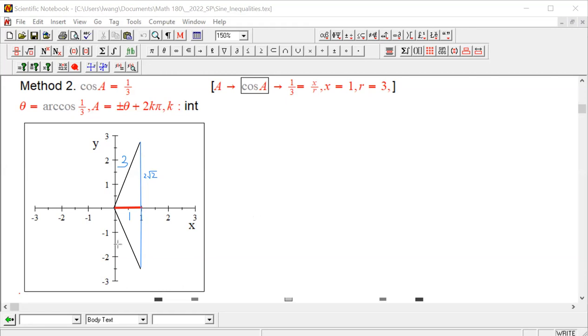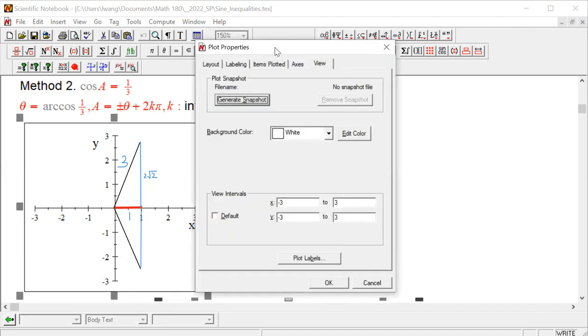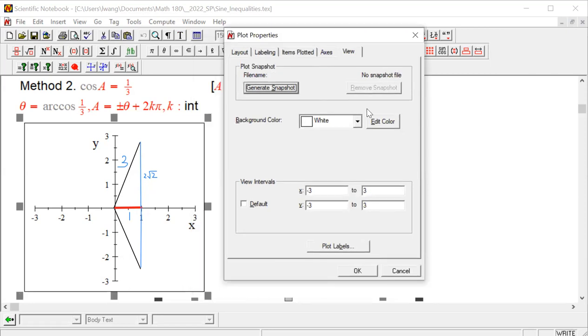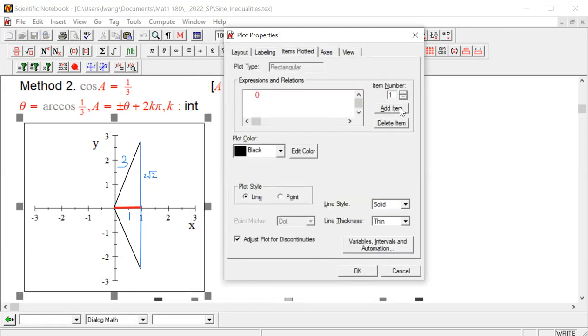Since I'm doing this on the software, I'm going to make sure it's not too problematic. So just allow me a little bit of time, because you need to have this skill to draw the picture and do it right.